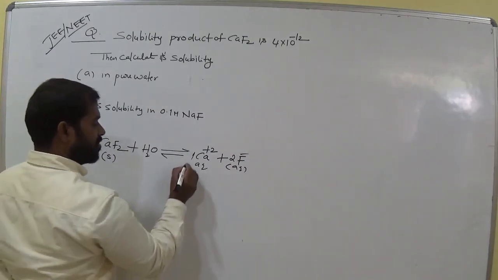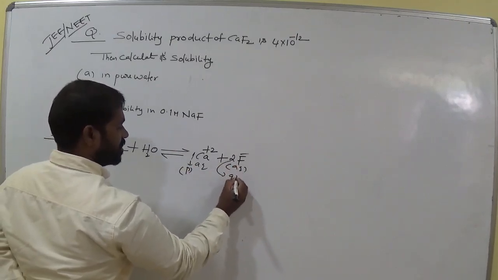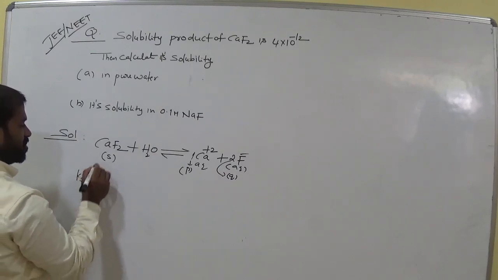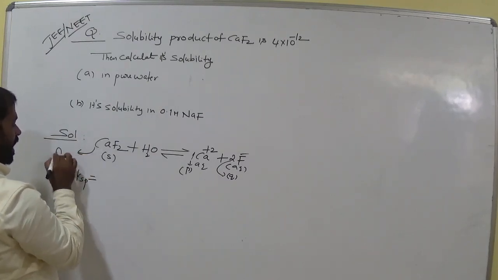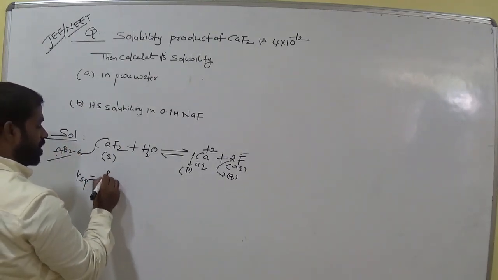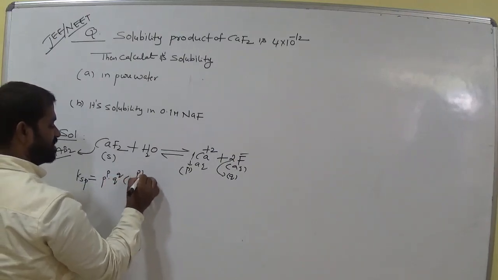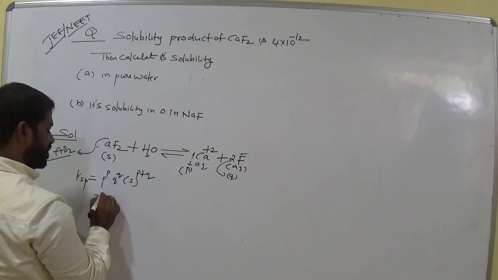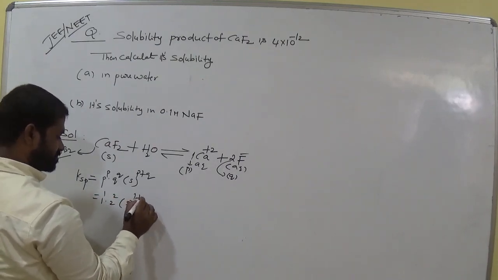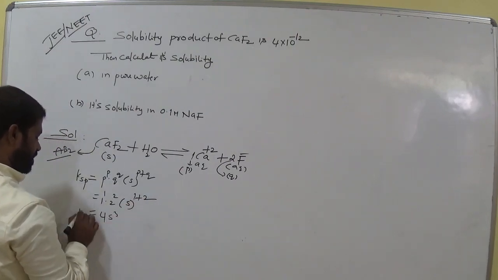Now, P, this is Q. So we know that KSP, this is clearly an AB2 type molecule, that means P power P, Q power Q, S power P plus Q. That is 1 power 1, 2 power 2, S power 1 plus 2, that is equal to 4S cube.